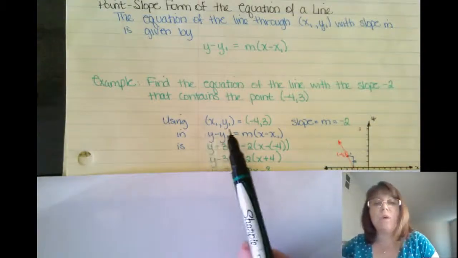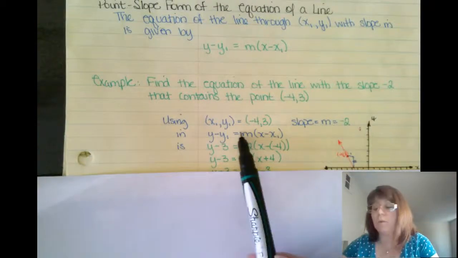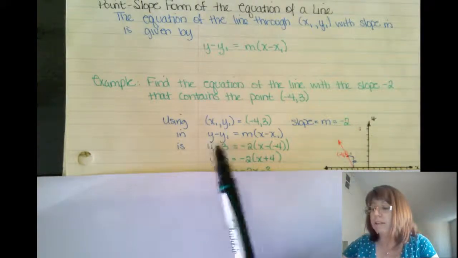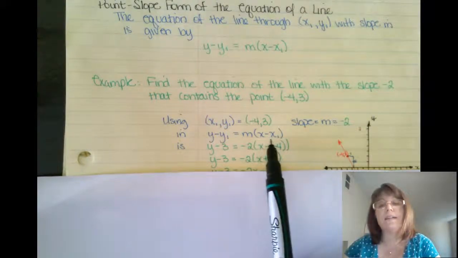So let's use (x1, y1) will be negative 4, 3, and the slope will be negative 2. So we will use it in our equation y minus y1 equals m times x minus x1.